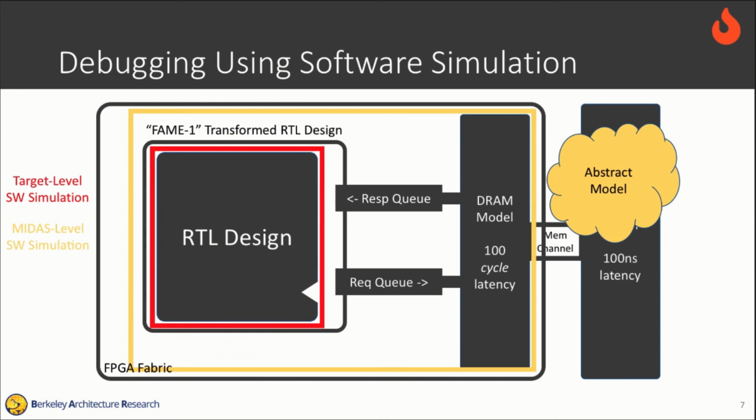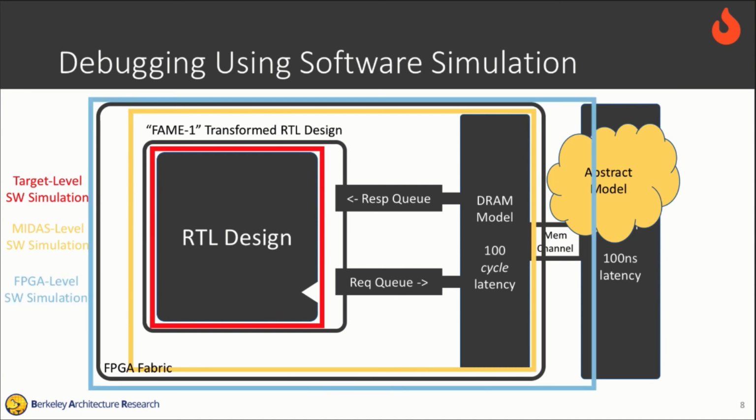In Midas level simulation, we're looking at almost everything that's going to be transformed into a bitstream, and we have this abstract model that models the host side DDR or host side DMA or other elements that interact with the host. And on FPGA level simulation, we get everything that's going to be transformed into the FPGA fabric, plus the host interfaces that are modeled by the FPGA tools.